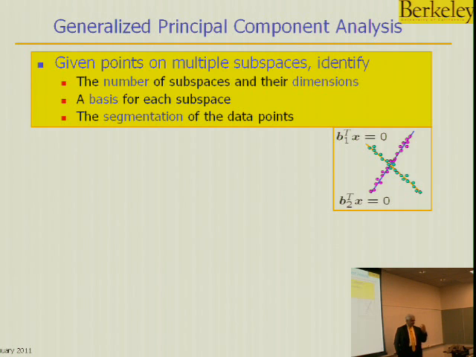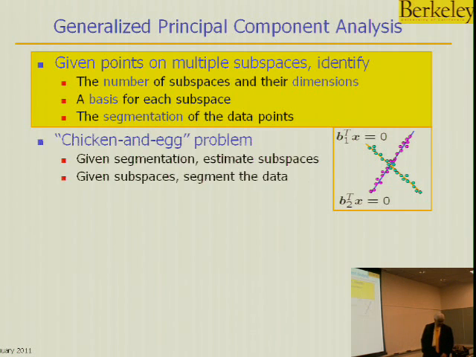So instead of principal component analysis, you've got to break it up into M subspaces. You don't know how many M is, you don't know the dimensions of those subspaces, and you don't know the basis. So that's what generalized principal component analysis is.